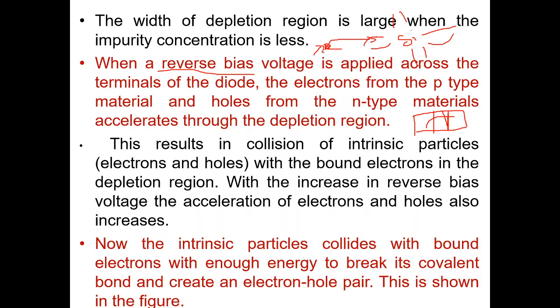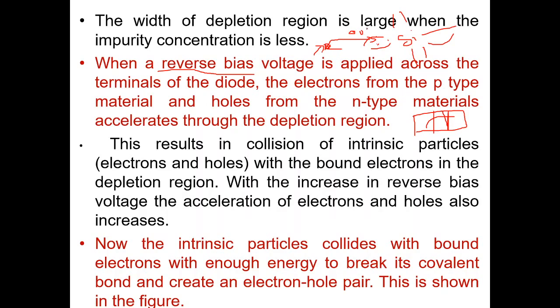Once they hit, since they have higher energy, the covalent bonds break down. Once the covalent bond has been broken, there exist two free electrons outside. So once they are free electrons, we are going to get current from these two electrons.